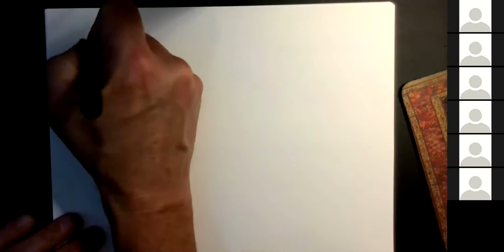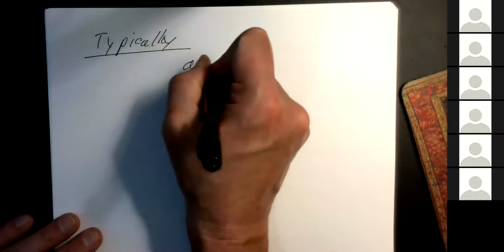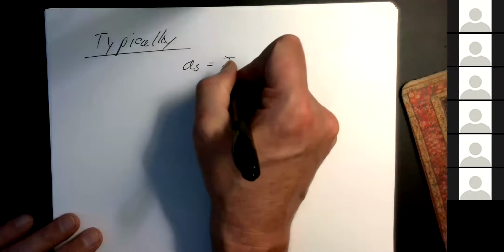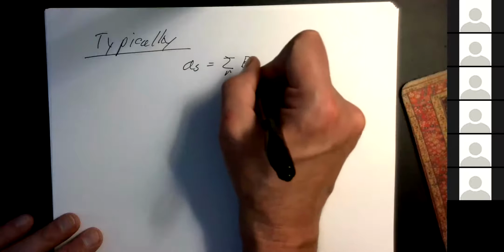And in typical situations, what ends up happening is that AS, which is equal to the sum over R of BSR, is equal to 0.